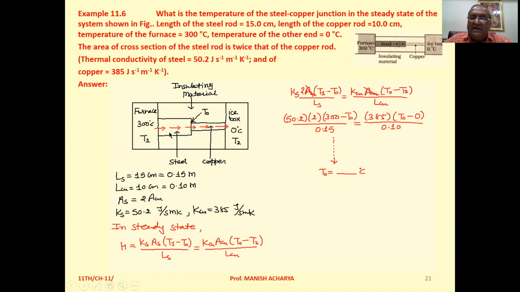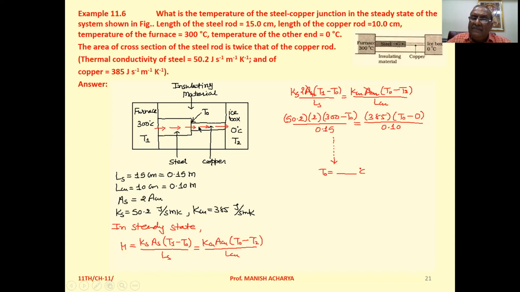So here we can write one equation for heat current for steel rod, that is H equal to K steel, area steel, and suppose the temperature of the furnace is termed as T1 and temperature at the junction of steel and copper is termed as T0, then we can write (T1 minus T0), that is the temperature difference, upon length of steel rod.